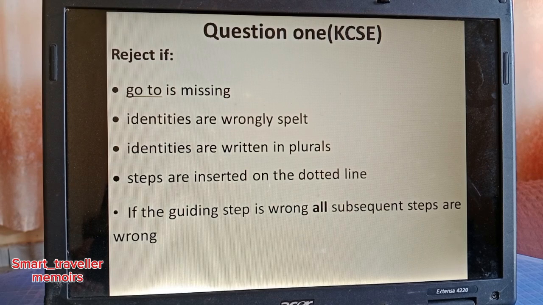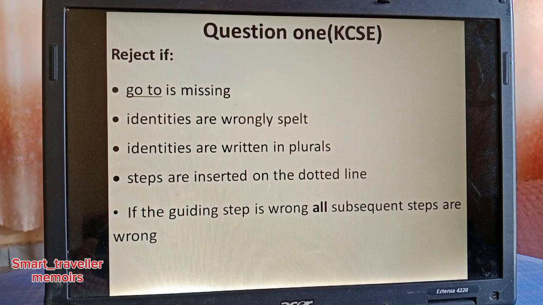Question 1. These are the precautions. Reject if in the key you don't have the words go to, or if go to is missing, you don't mark. Also reject if identities are wrongly spelled.